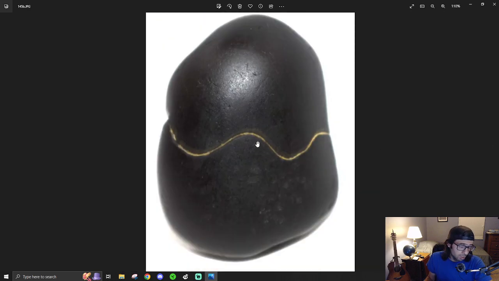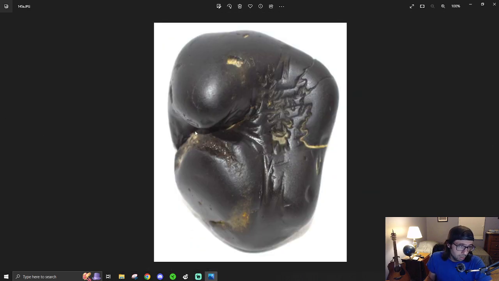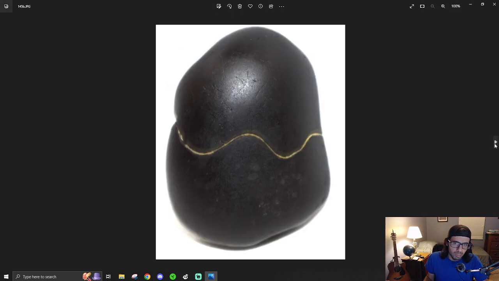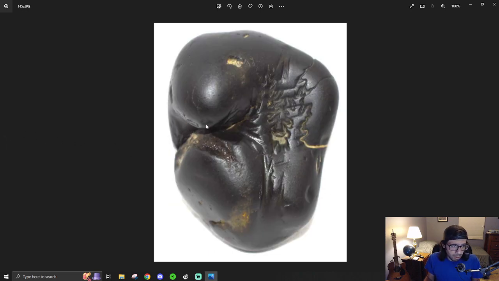Here's the other side. So basically it goes this way, and then it goes this way, and then it wraps around, and one continuous strand physically wraps around this stone.